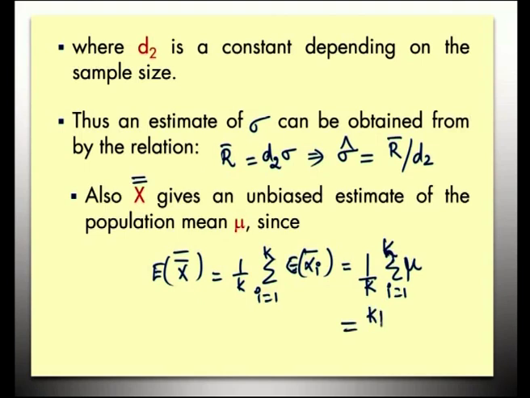Since it is added k times, that is k mu by k, which is equal to mu. So, if you want mu, that is the expectation of x bar bar.